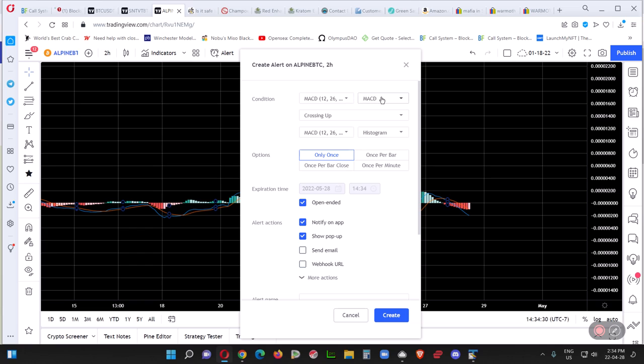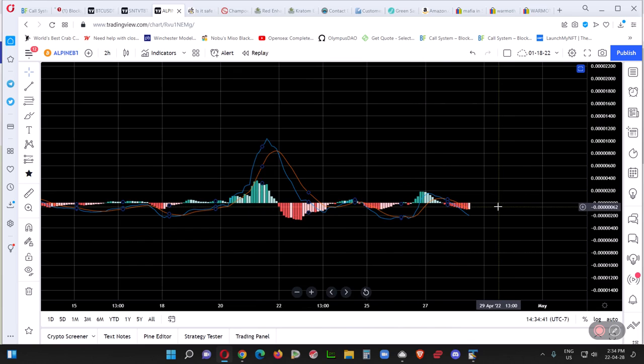So MACD indicator, MACD line crossing up on the MACD over signal. Only once, create. So the next time this coin pair, Alpine Bitcoin, does a blue line crossing the signal line, it's going to alert me.